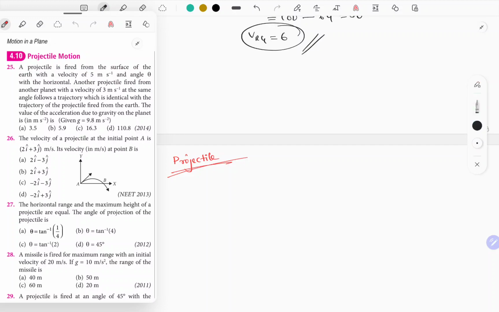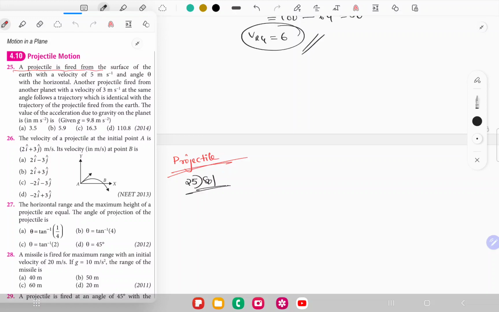Look at this. Question number 25. A projectile is fired from the surface of the earth with a velocity 5 meter per second and angle theta with horizontal.